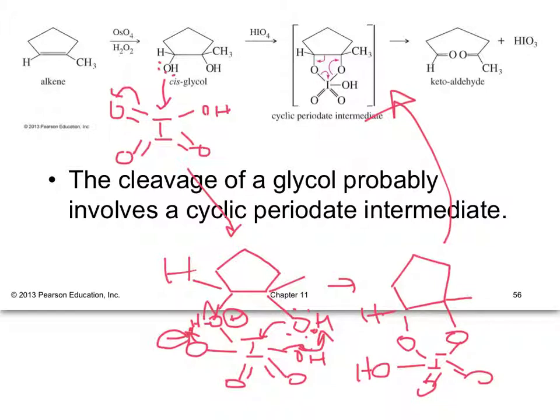Once you generate the cyclic periodate intermediate, now you just have cyclization occurring in which electrons from here go over here, from the single bond go to break, forming double bond oxygen, electrons go to the iodate, and electrons now go to there, forming this ketoaldehyde. So the step that you need to know is how it reacts with periodate. One of the oxygens gets on, the other one gets on to form the cyclic periodate intermediate, and then forming the ketoaldehyde.